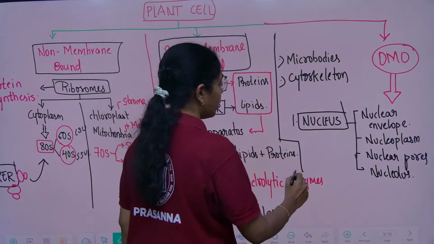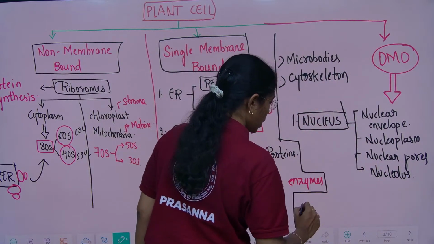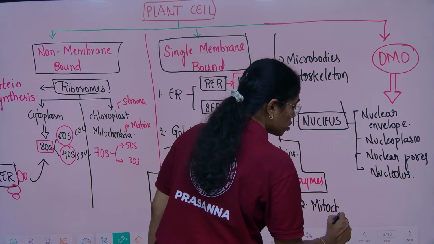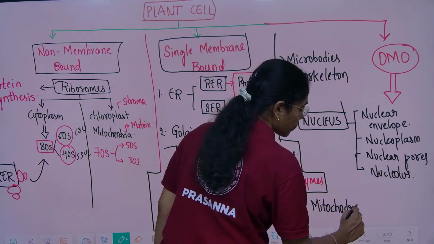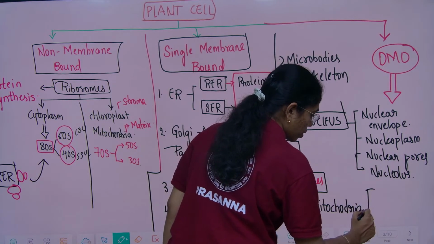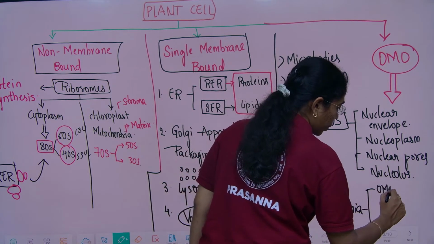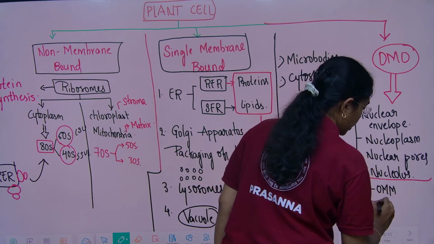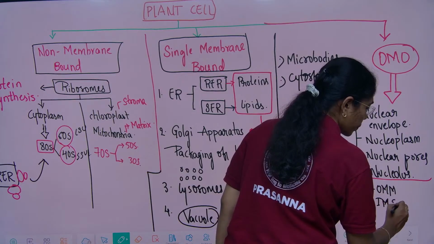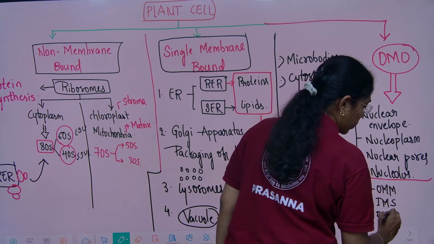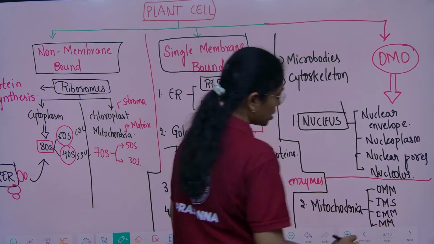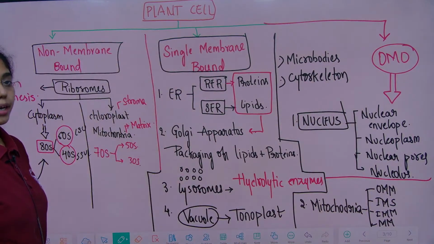And then the second is mitochondria. Mitochondria also has 4 components: outer mitochondrial membrane, intermembrane space, inner mitochondrial membrane and mitochondrial matrix. These are the 4 components of mitochondria.